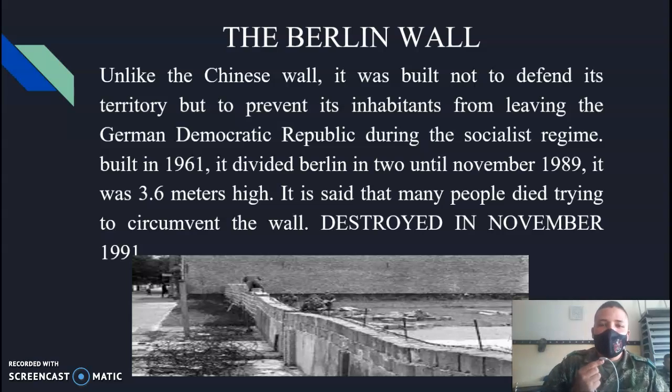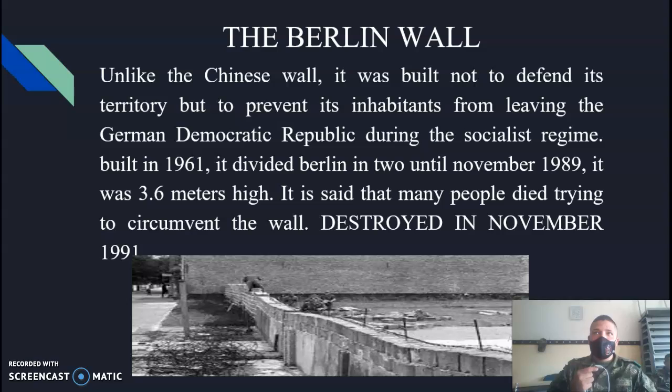Okay, the Berlin Wall. Unlike the Chinese Wall, it was built not for the defense of its territory but to prevent its inhabitants from leaving the German Democratic Republic during the socialist regime.